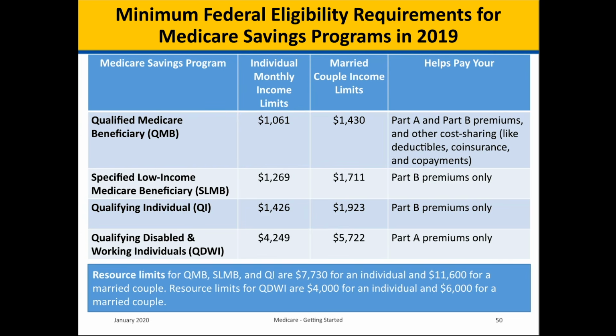And what this does is pay your Part A, if you have one, and Part B premiums, and other cost sharing like deductibles, co-insurance, and co-payments for Medicare. And then the other three programs under the Medicare Savings Program are below that. All four programs, at the very minimum, cover the Medicare Part B premium. Next slide, please.